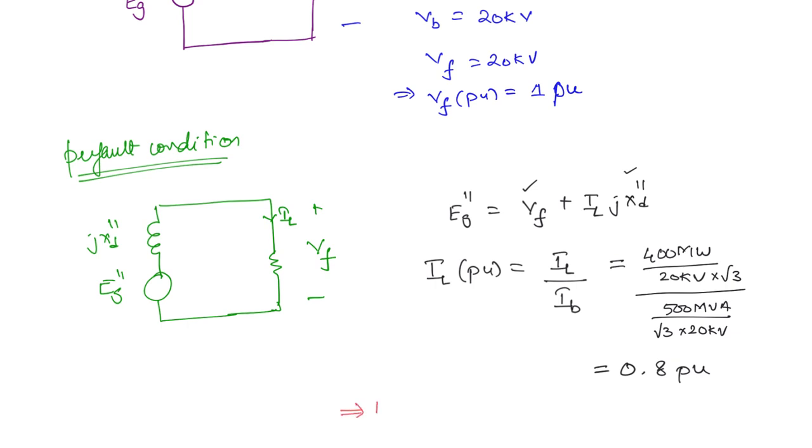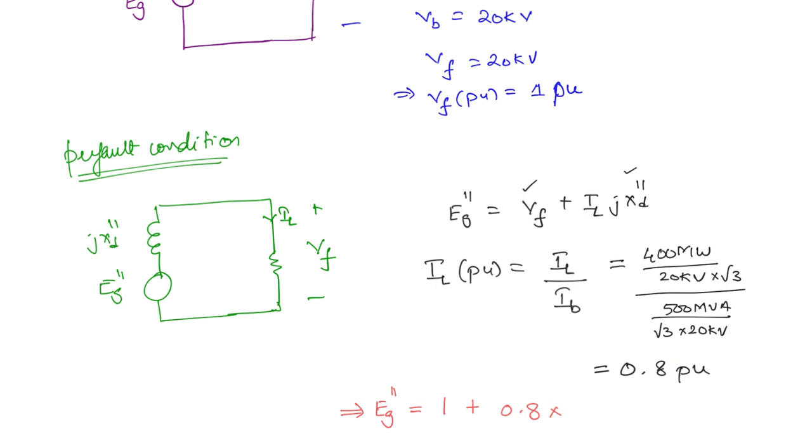So from here you can find out EG". This is equal to 1, VF is 1, plus IL, which is 0.8 angle 0 degrees, into j0.2. Why 0 degrees? Because VF and IL are in phase. VF we usually take as the reference, so IL will also be at 0 degrees.